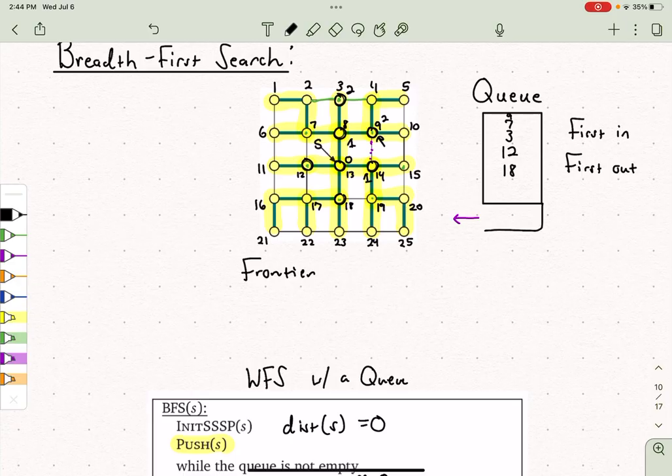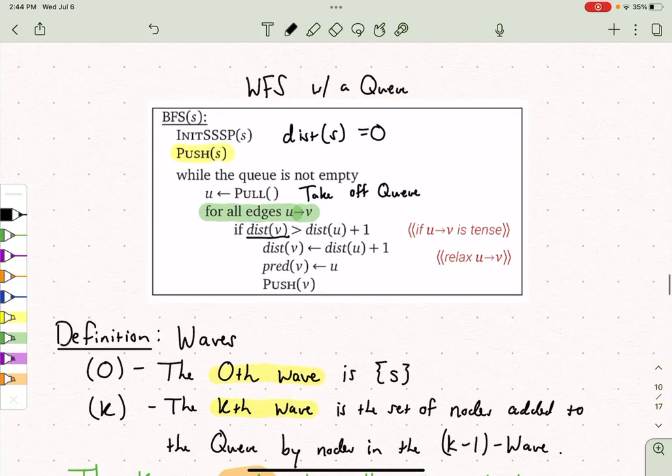But since we already added 9 to the queue, this would not update the distance function, because essentially it's already marked. In other words, the distance function dist of v was already defined. So initially you think of these distances as all being infinity. That's the initialization step. So the first time we visit the node, we update its distance to be its parent's distance plus 1. This is the parent.